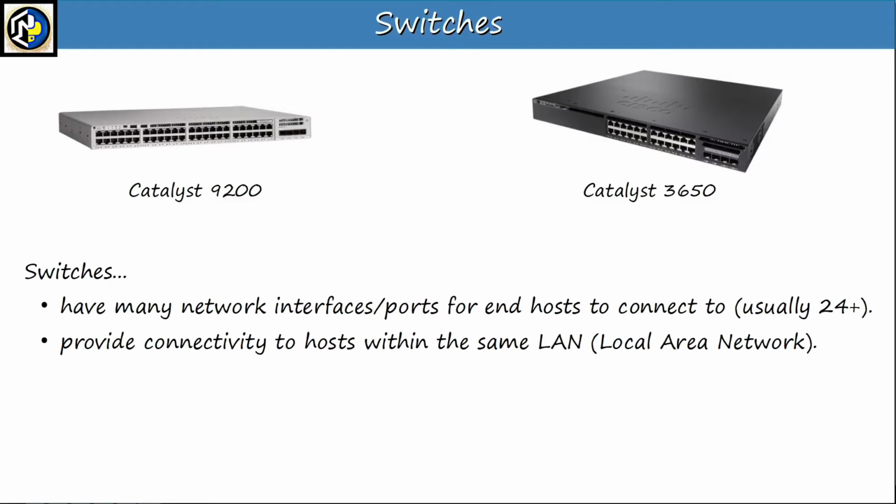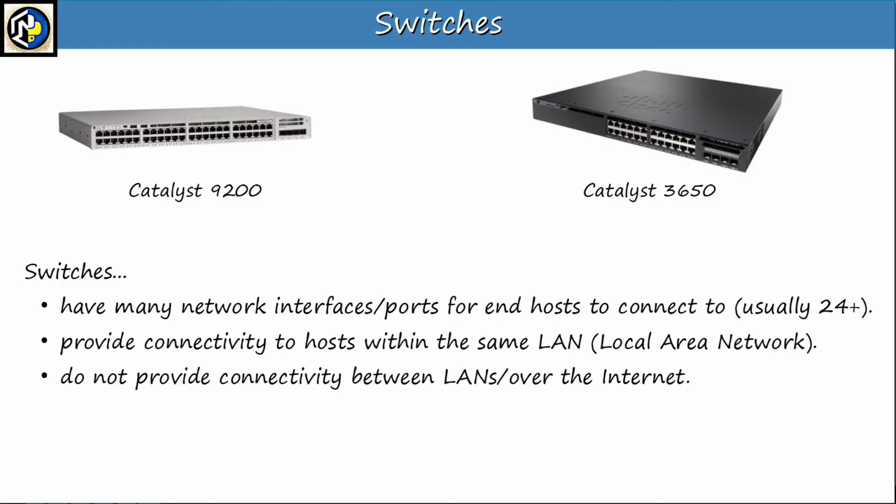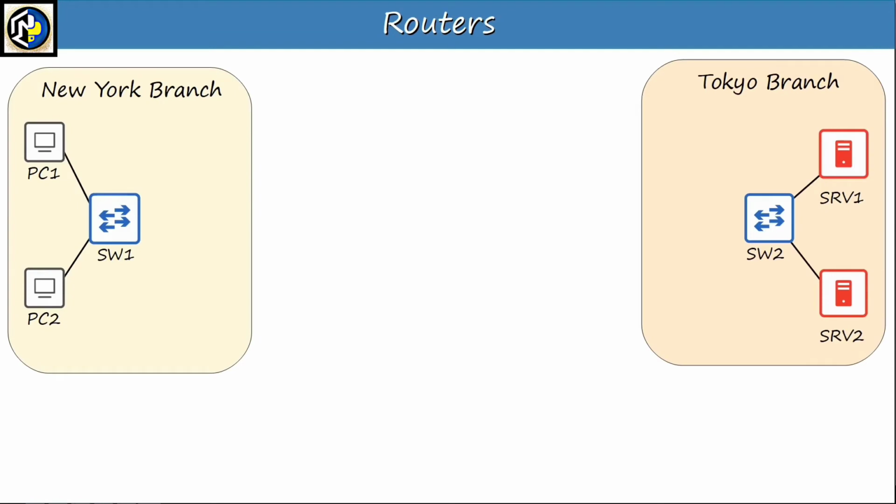We'll cover the details of LANs later, but for now, just know it means end hosts within the same area, like a bunch of computers on one floor of an office, or perhaps an entire small office or your home network. Finally, switches do not provide connectivity between LANs or over the internet. To do so, we need another kind of network device.